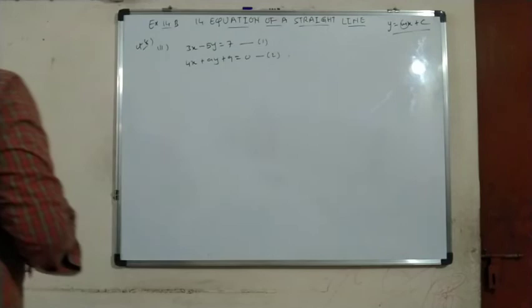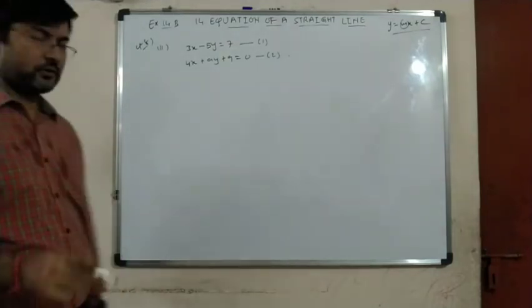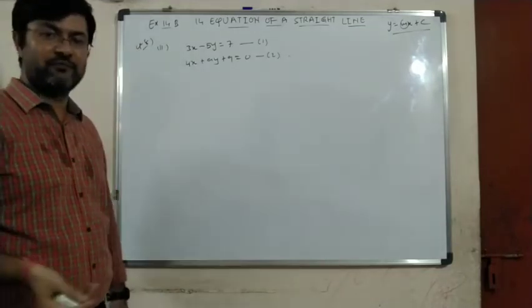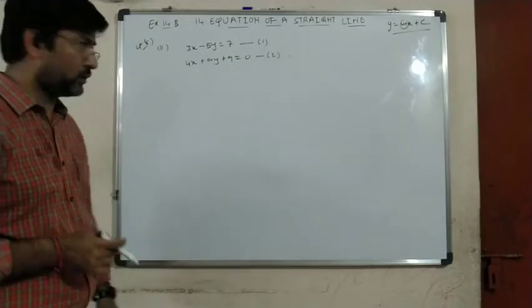Two lines are perpendicular, we have to find the value of a. So we will follow the similar steps. We will find the slopes of the two lines, then m1 into m2 is equal to minus 1 we will take, and then we will find the value of a.